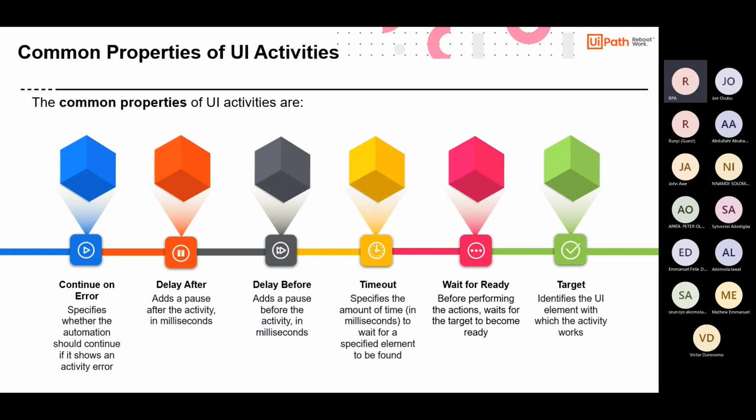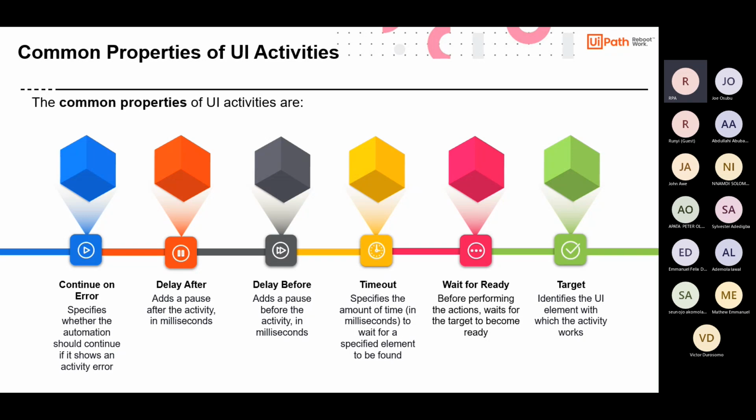Now, by default, according to UiPath Studio, there are 30,000 milliseconds assigned to your timeout. That means it takes 30 seconds for a particular element to be waited on until it is found.